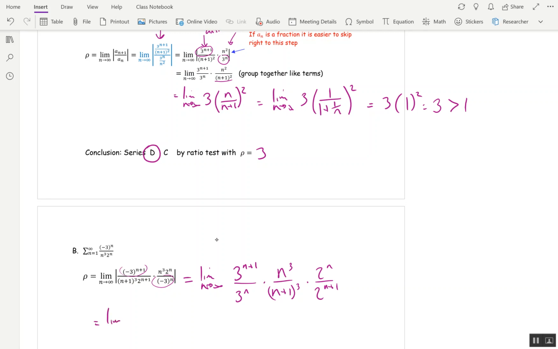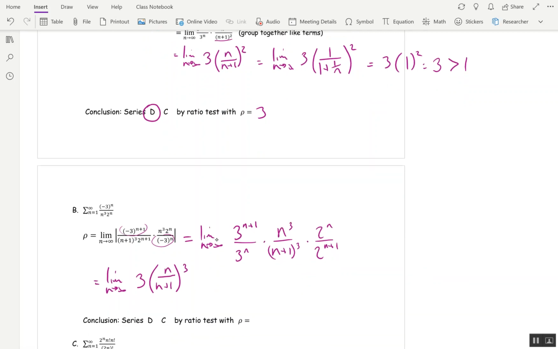All right, simplify. Limit as n goes to infinity. 3 to the n plus 1 over 3 to the n is 3. I'm going to write the next fraction as n over n plus 1, all cubed, using the trick I did before, and then 1/2. This is multiplication.